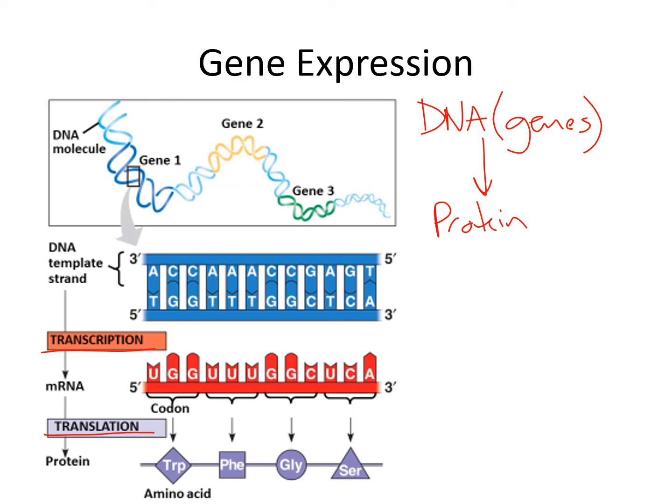Most of those proteins that we are talking about are some sort of enzyme, and an enzyme is a protein catalyst that catalyzes some sort of reaction. Depending on the type of reactions that a cell can perform, that gives a cell different characteristics.